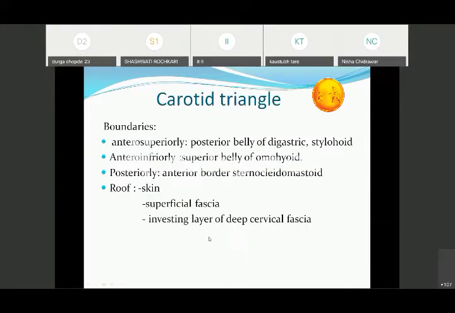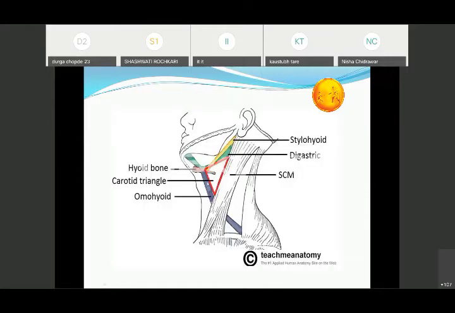And third will be the carotid triangle, which is the largest triangle among all these subdivisions. What are the boundaries of this triangle? We'll see. Here you can see this is the carotid triangle. Again, this is hyoid bone. This is anterior belly of digastric. This is posterior belly of digastric. This will be the omohyoid muscle.